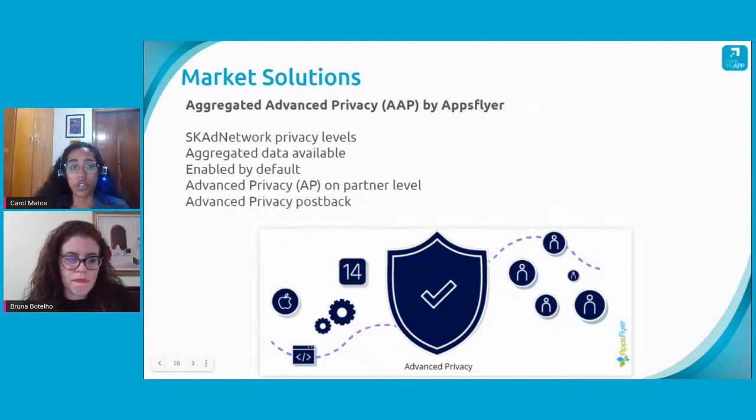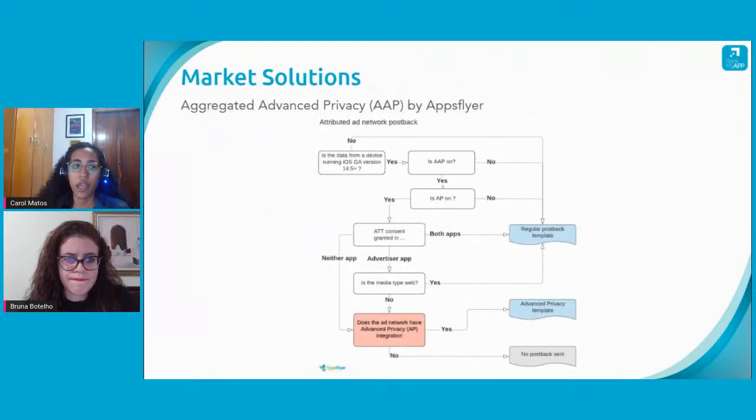If this option is on, you are able to receive non-consenting users' information, but to receive this conversion, you should add a new advanced privacy postback, which will contain campaign details such as the campaign ID, publisher ID, and no unique identifiers. And I will explain it better on the next slide now.